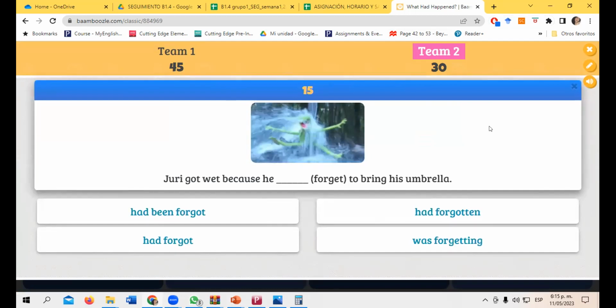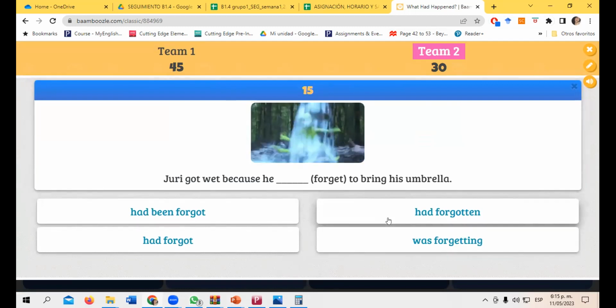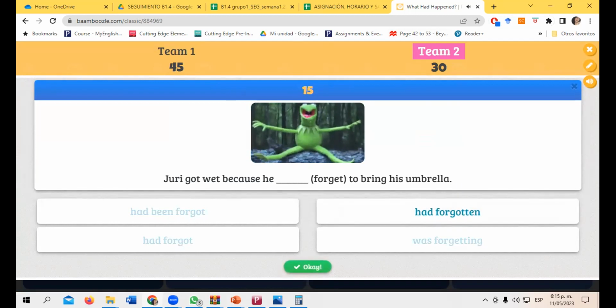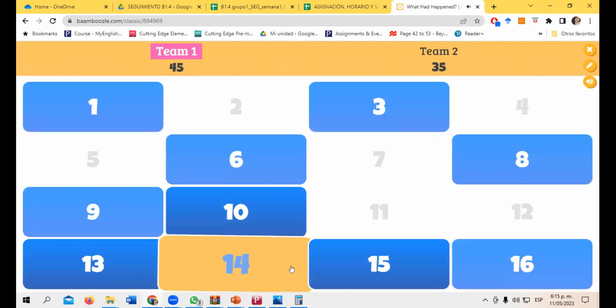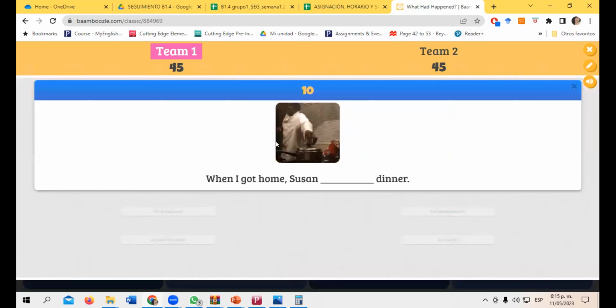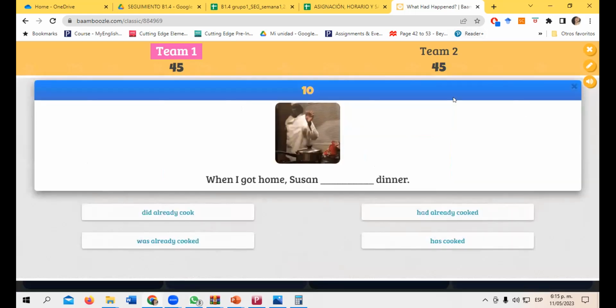He had forgotten to bring his umbrella, option B. Yes, it's correct. Good. For group 1, Johan. Number 1. When I got home, Susan, dinner.